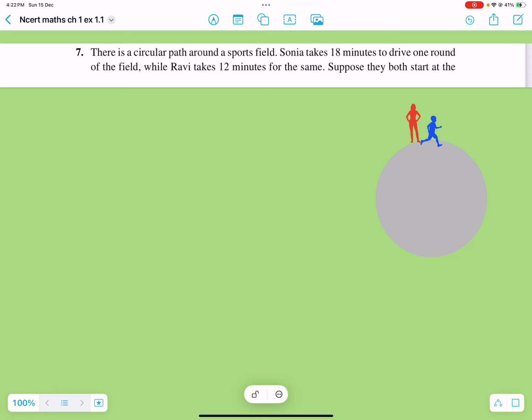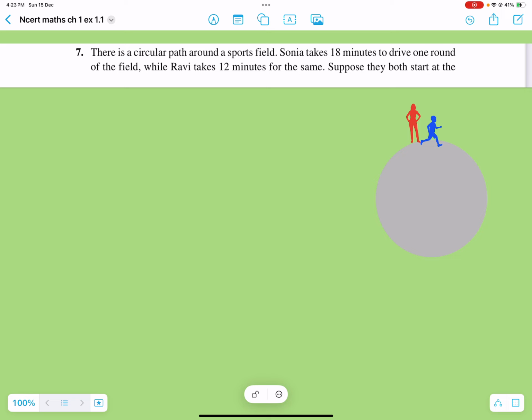For all these questions, if you visualize this problem statement, it says after how many minutes, because both are running at a different speed, they will meet at a point.